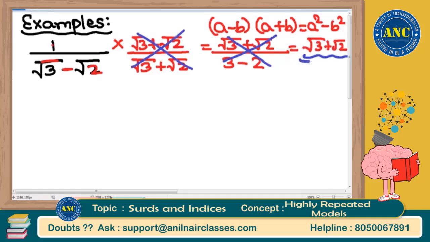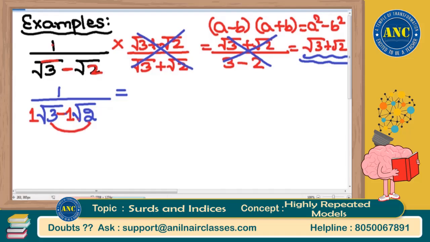This is how. Don't use all these methods. Directly write the answer within one step itself, which I taught you also in my second class of Surds and Indices. Can I say that this is 1 root 3 minus 1 root 2. The coefficient of Surds in the denominator is 1 in both the cases. If that is the case, directly subtract these two values without square root.